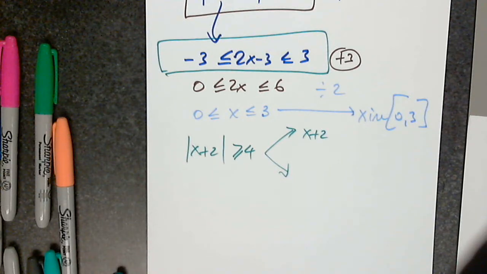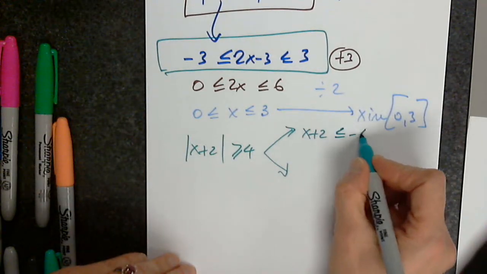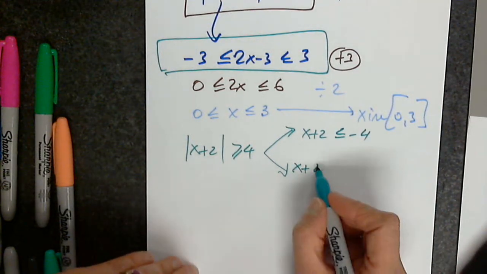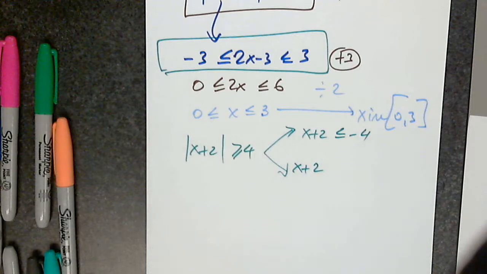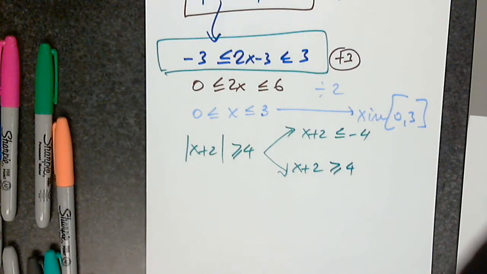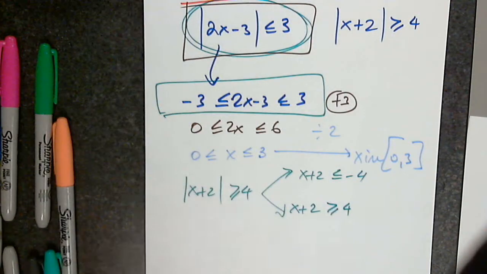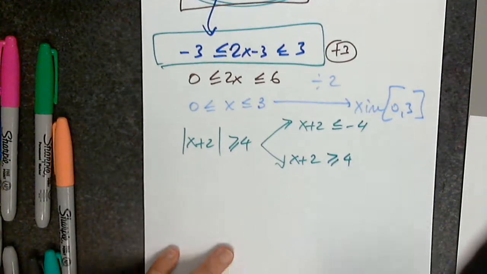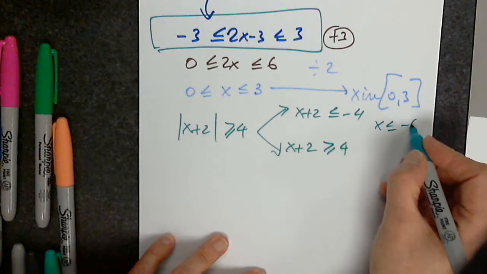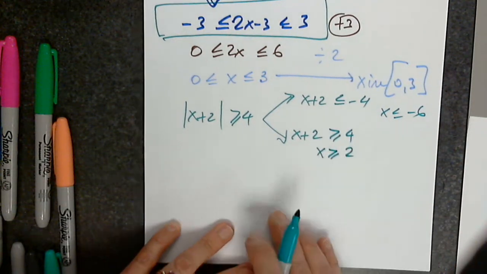So x plus 2 less than or equal to -4. Exactly, to that side, yes. Or x plus 2 greater than or equal to 4, that's it. You have to be very careful not to include anything between -4 and 4 because that is already taken by this inequality. Very good. So now I solve this: x less than or equal to -6, and I solve this by subtracting 2, and this is 2.